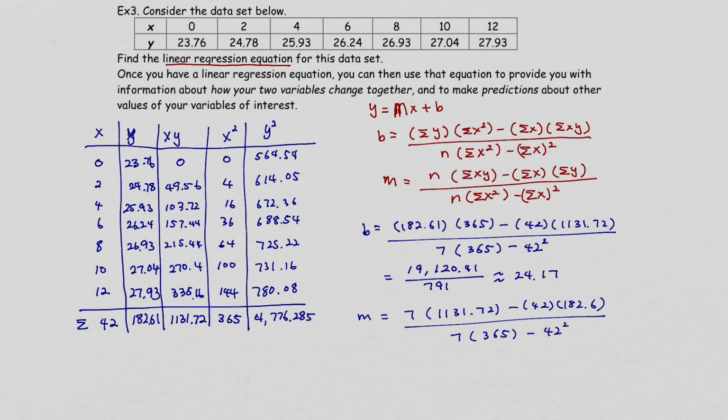Well, this one will be close to 0.32. So the equation is going to be y equals the slope. This is a positive slope, right? Plus 24.17. So that will be the equation for example 3.